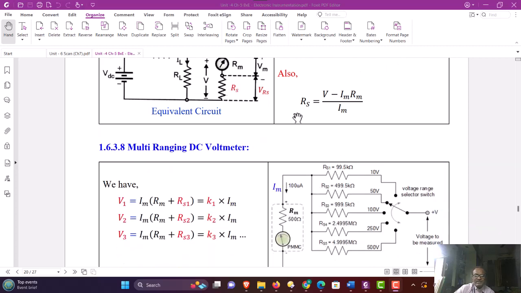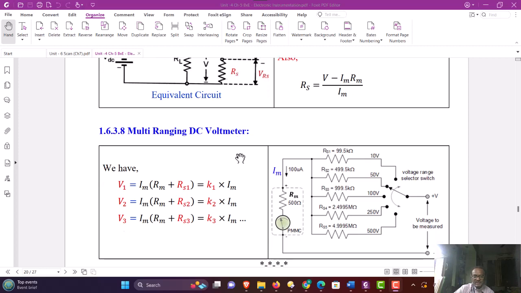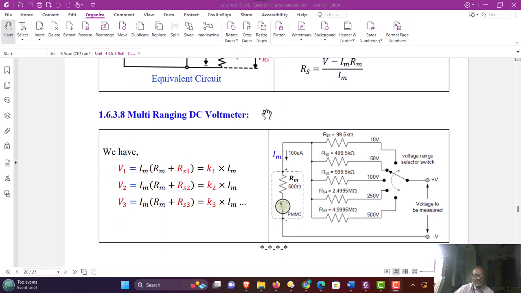By selecting various values of resistance Rs from Rs1, Rs2, Rs3 up to Rsn, you can have multiple voltage ranges for the DC voltmeter, and that is shown in the multi-ranging DC voltmeter. So V1, V2 and V3 are the maximum range values, and those can be K1 into Im, K2 into Im and K3 into Im, whereas K1, K2 and K3 will be decided by the values of Rs1, Rs2 and Rs3.